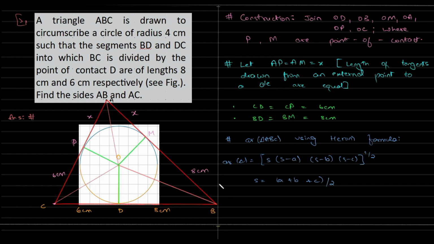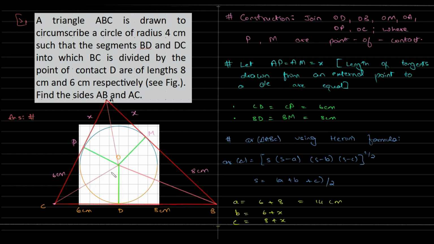What is a over here? We can take a as 6 plus 8, that is 14 centimeter. We can take b as 6 plus x, and c as 8 plus x, right?